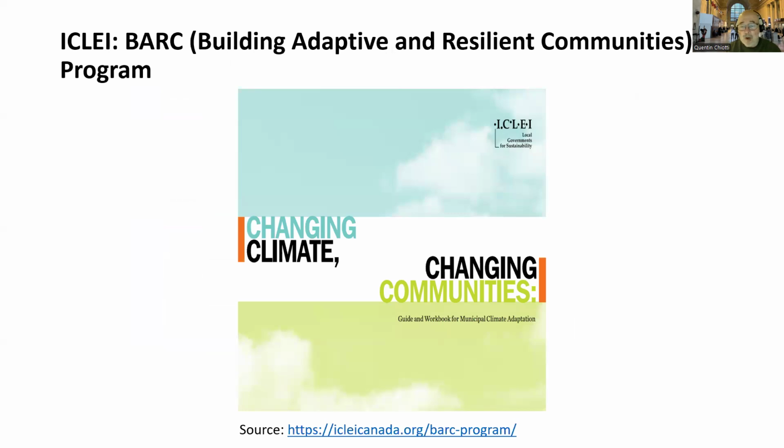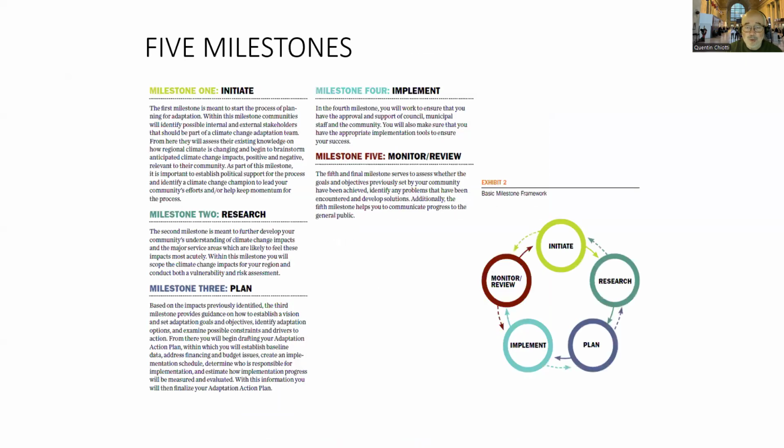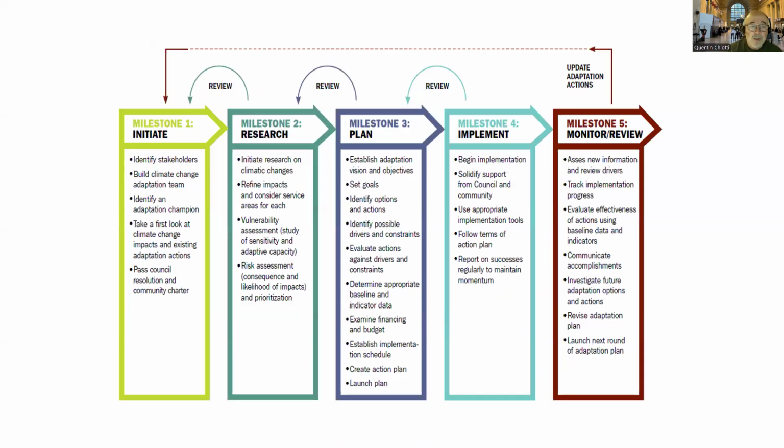So looking at ICLEI BARC, and again, if you go to the link that I had shown you on slide number 2, you can find the guide and as well as find the worksheets. And this follows the same 5-step process: initiate research, slightly different terminology, plan, implementation, and monitoring and review.